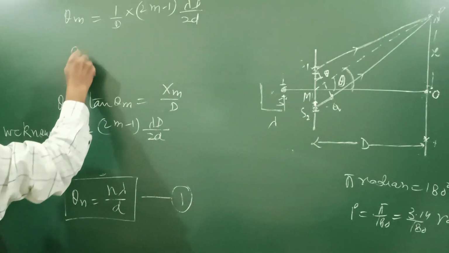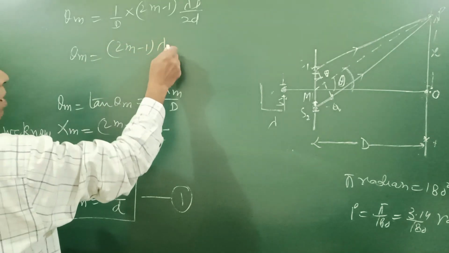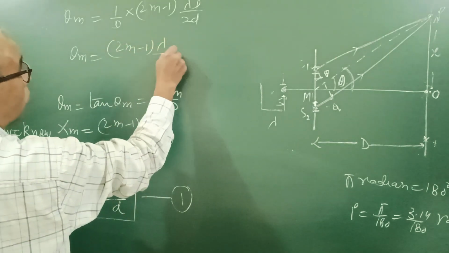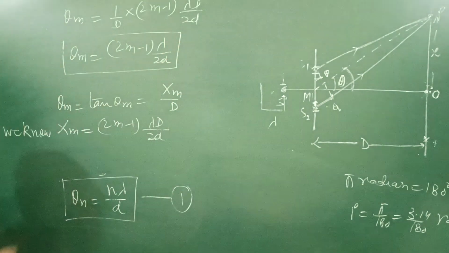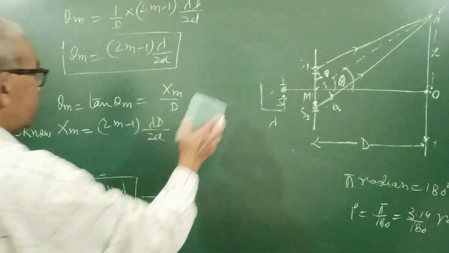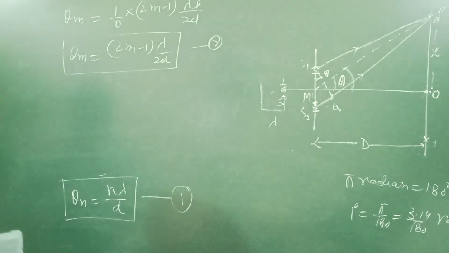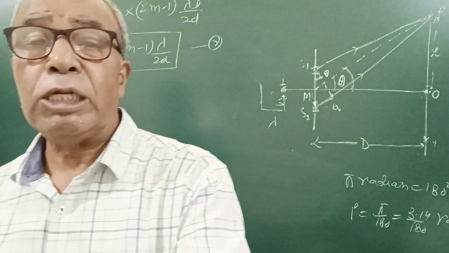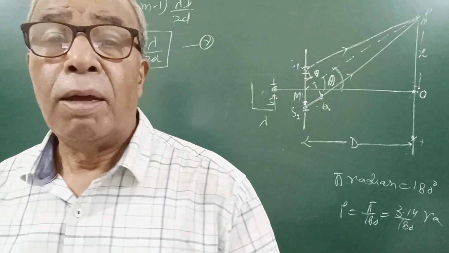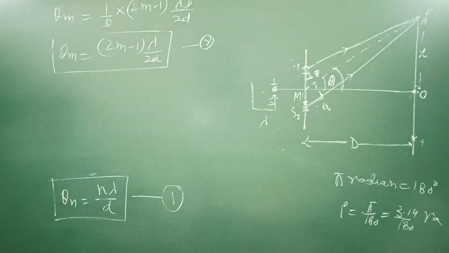Or theta m equals 2m minus 1 into lambda upon 2d. Again, this is also independent of capital D. So these equations 1 and 2 tell you the angular position. Actually, this derivation is not mentioned in any book. In the NCERT book, this is also not given, but the question is there. I will tell you.